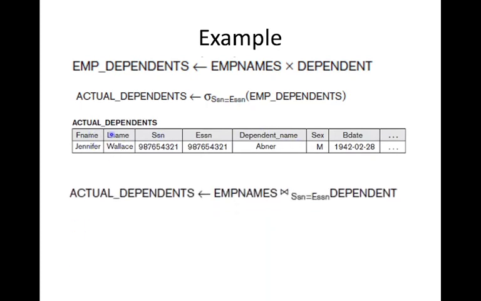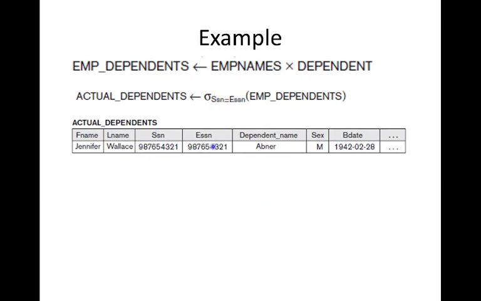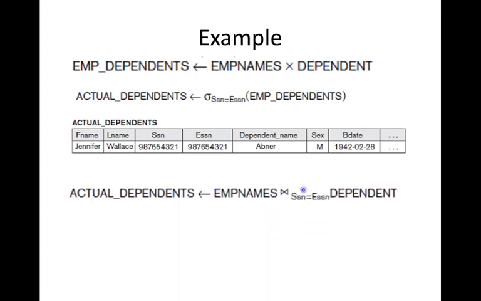Then we simply did the projection, listing the dependent name or whatever we want. So this was what we did in the previous case, that is, cross product followed by a selection condition. The same thing can be done by a single statement, a join operation based on this condition. Both these operations can be combined into a single operation called the join.